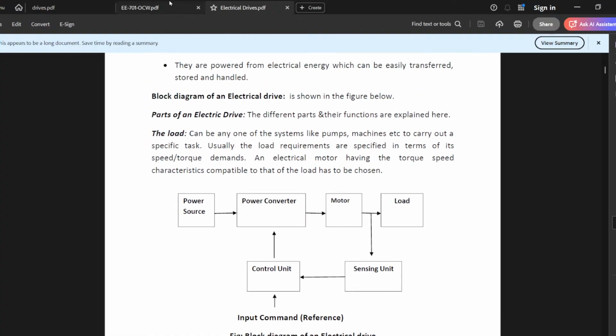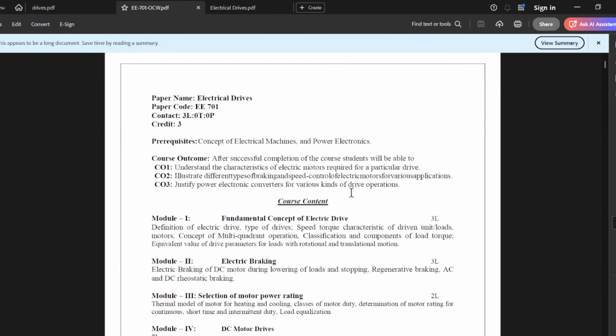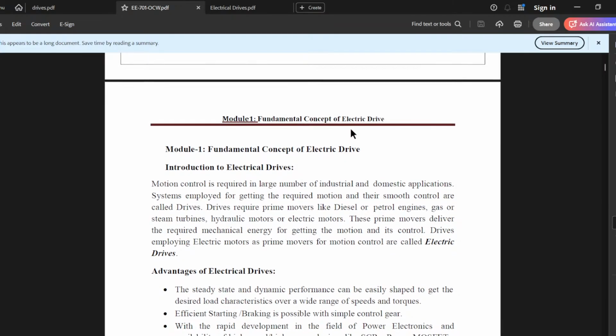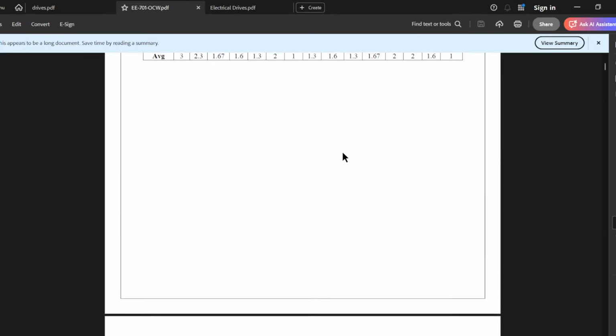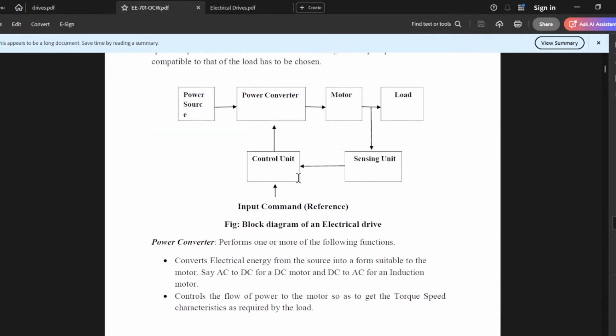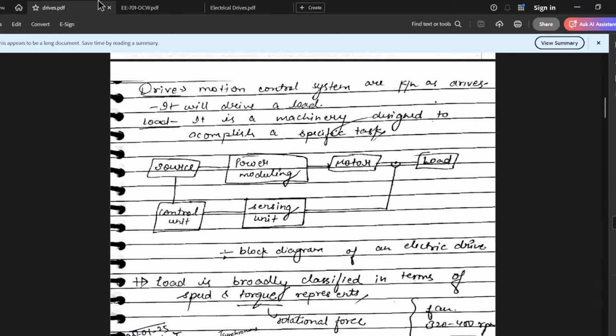What about this one? Let me just see in front of you guys only. Okay, we have fundamental concept, definition, advantages, introduction, the same thing, block diagram.